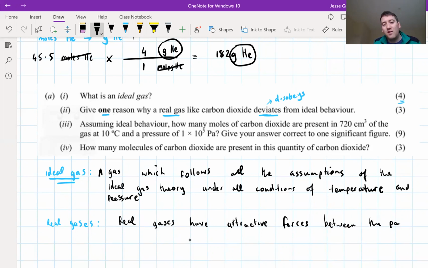Because one of the assumptions of the kinetic gas theory is that there are no attractive forces between the particles. So real gases have attractive forces between the particles. That's one of the reasons, and you only needed one.